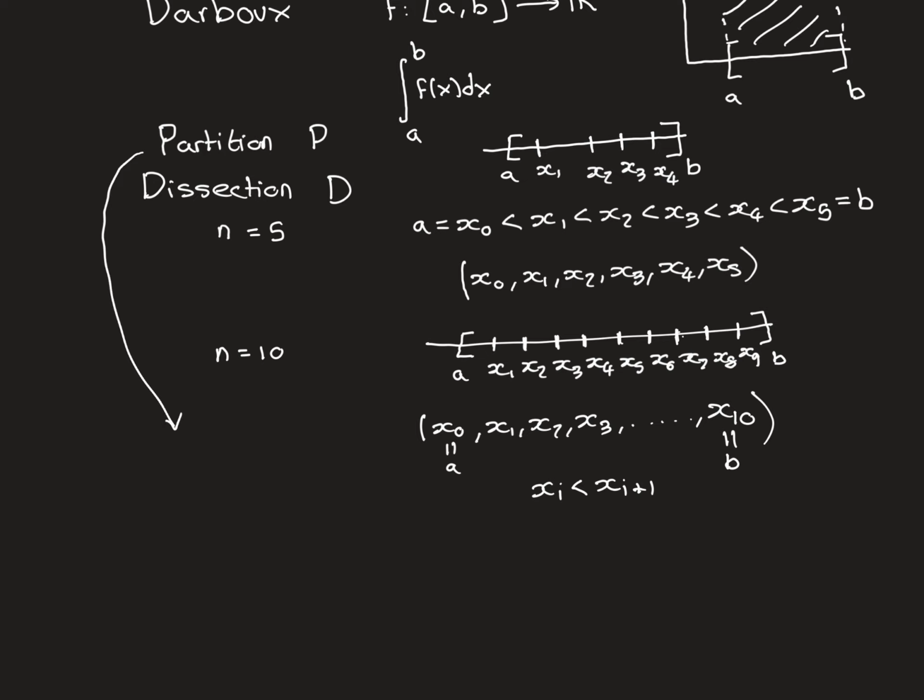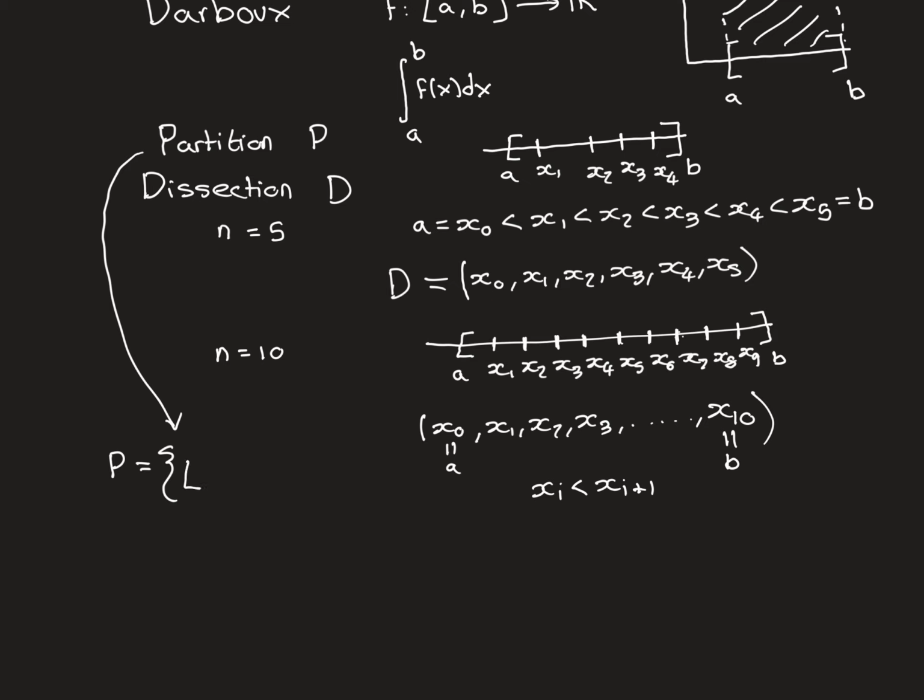So actually, this is the formal definition of dissection. This thing, this sequence, is the dissection. For a partition, the partition P is actually a set, and it's a set containing the chopped up intervals rather than the cuts.